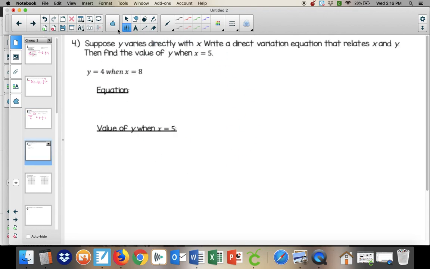This is the one that many people got wrong on our quiz. Suppose that y varies directly with x. Write a direct variation equation, meaning in the form y equals kx, not just what k equals. Then find the value. So if y is 4 and x is 8, I can find my k by going y divided by x, which is a half.